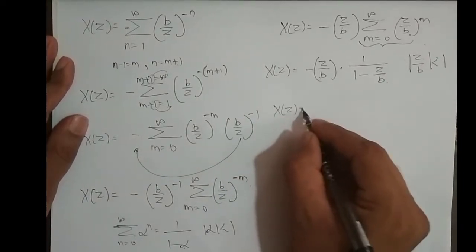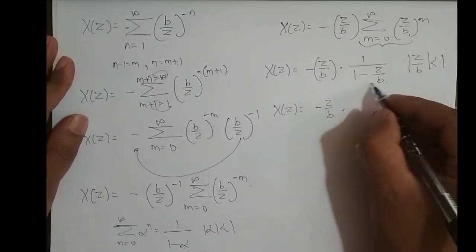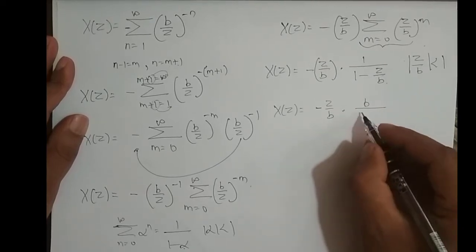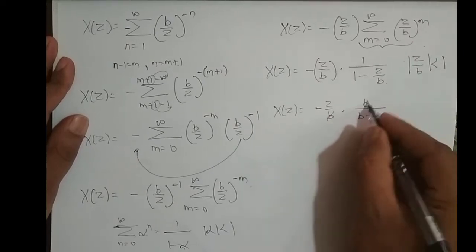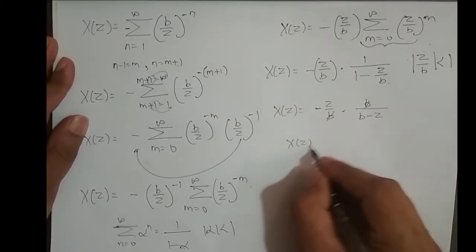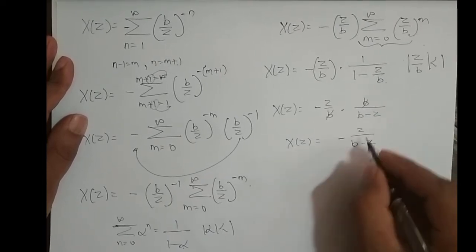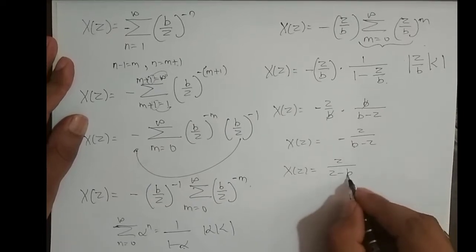Fine. I'll just have to simplify this. X of z is equal to minus of z by b into, if I take b as the common denominator, b goes to the numerator and this becomes b by z, and this b cancels out. So x of z is equal to minus of z divided by b minus z. I can write this as x of z is equal to z divided by z minus b.